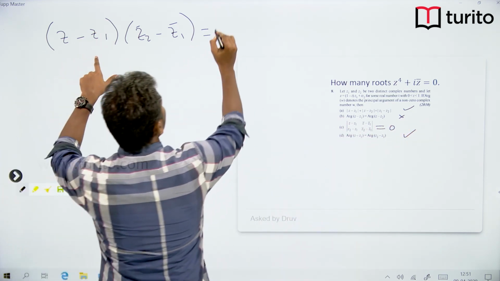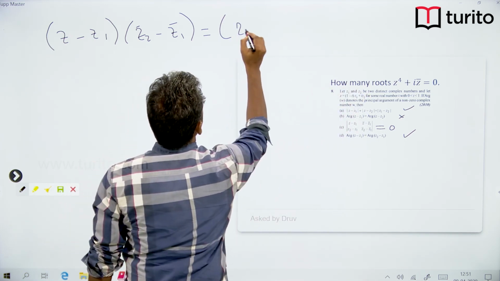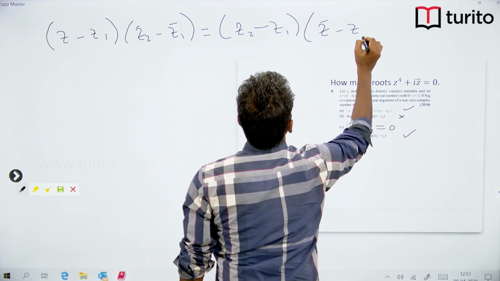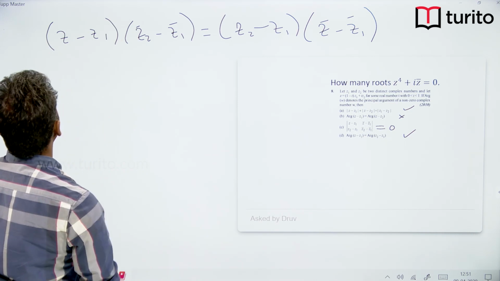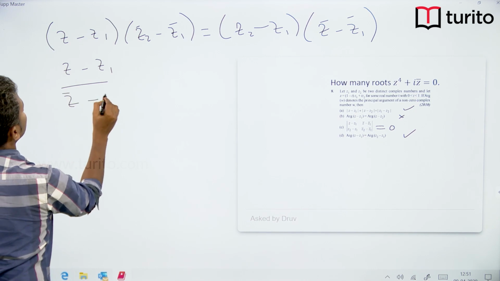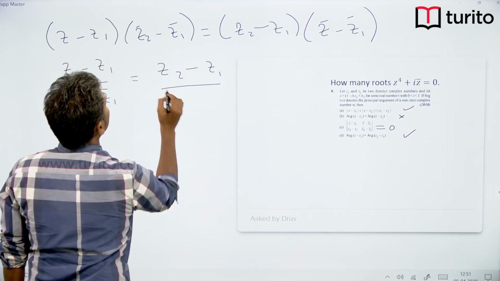So this is what we will do. This is like determinant AD minus BC. So Z2 minus Z1 into Z bar minus Z1 bar. Okay. Now I will try to take Z minus Z1 terms in LHS and Z2 minus Z1 terms in the RHS.